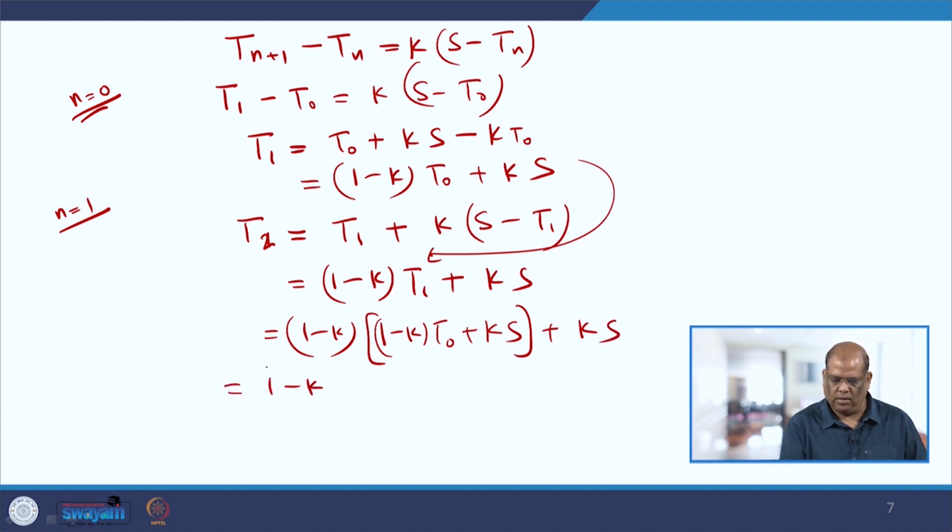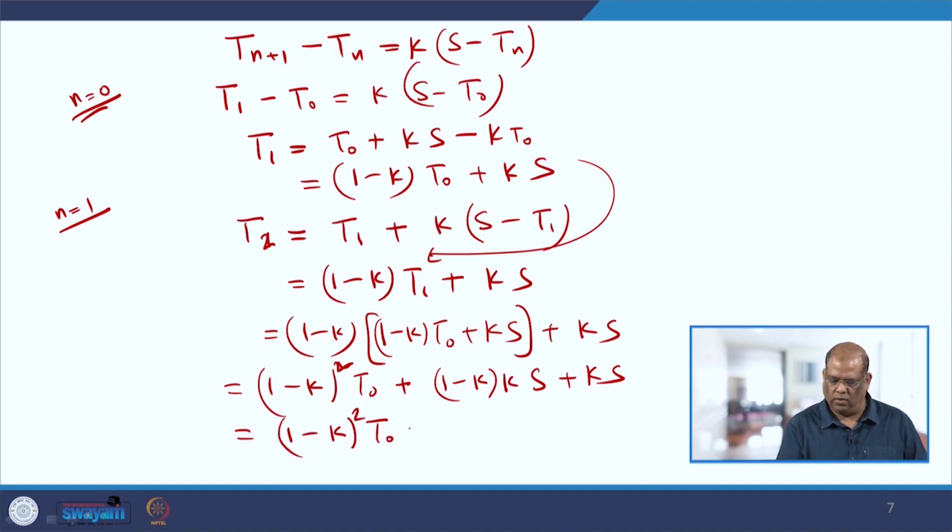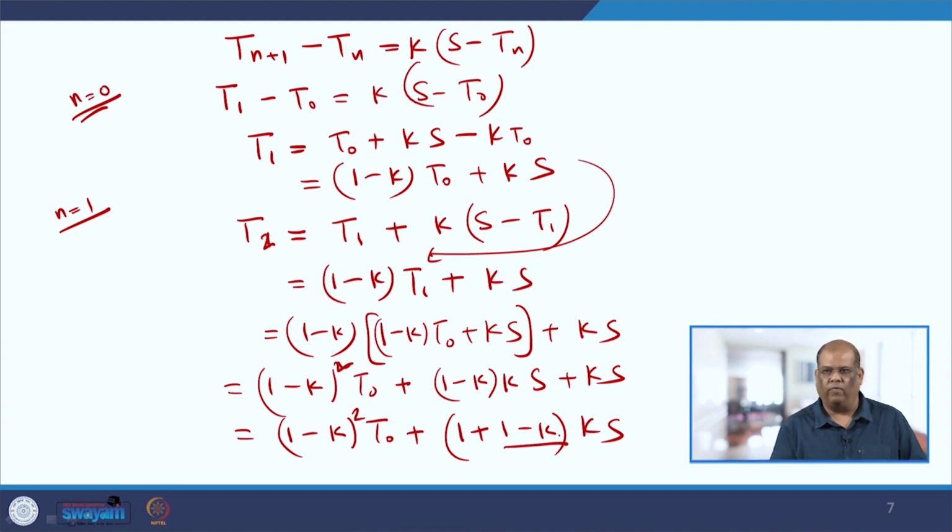So, (1 minus k) whole square T0 plus (1 minus k) into kS plus kS. So, you can write this as (1 minus k) whole square into T0 plus (1 plus (1 minus k)) into kS. Just a way of writing.